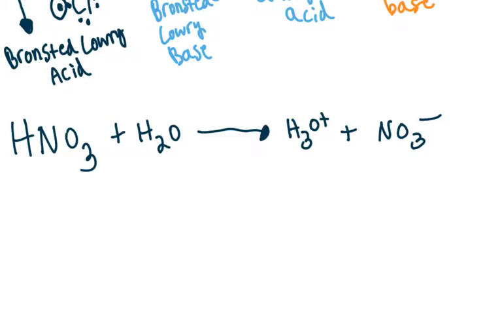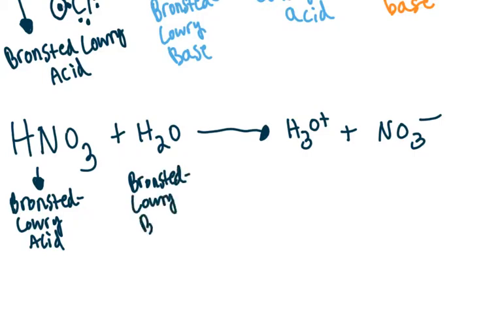So what we see here is that our nitric acid is the Brønsted-Lowry acid. Why is that? Because we're donating this hydrogen cation over to H2O, turning H2O into hydronium. And because H2O is the one that's accepting the hydrogen cation, we know that's the definition of a Brønsted-Lowry base.